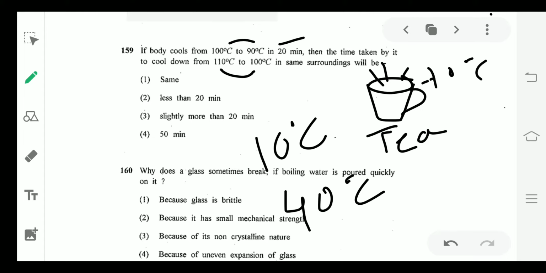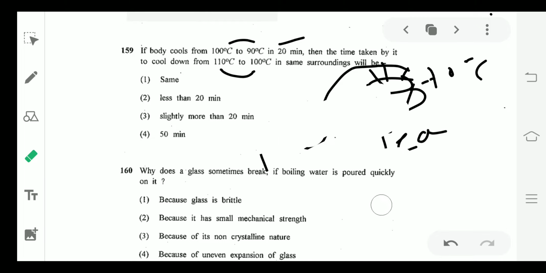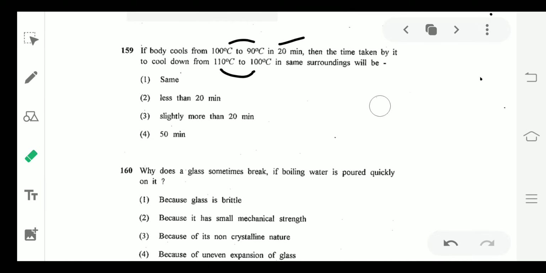So the difference between the temperature of the coffee and the surrounding in winters is more, so the heat falls rapidly. So the rate of decrease of temperature will depend on the difference with the surrounding.